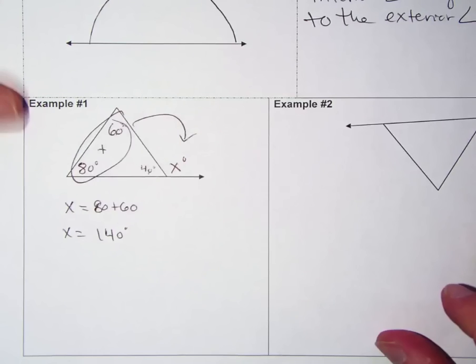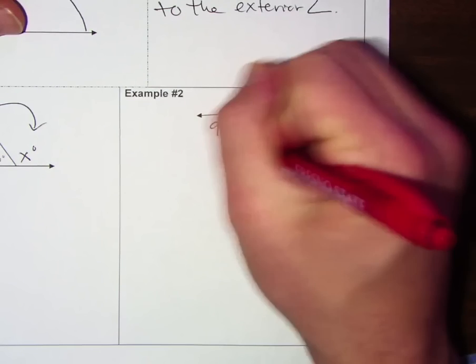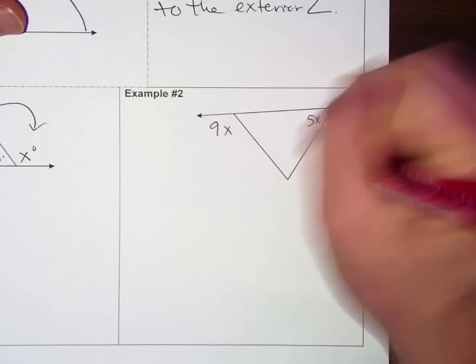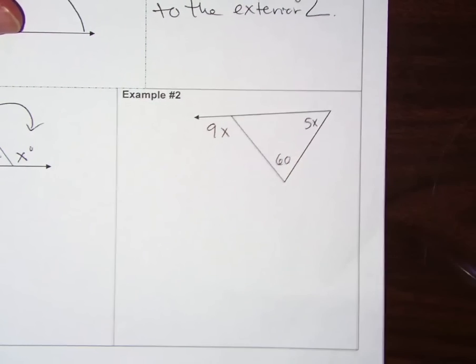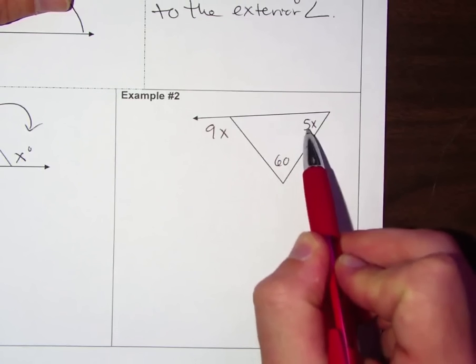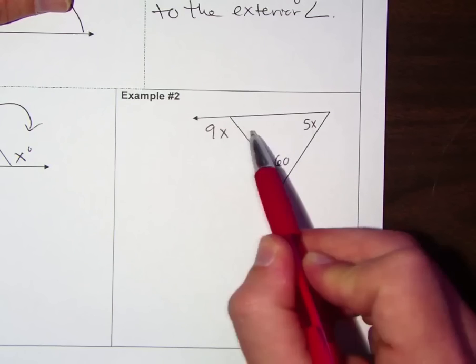But the problem is when we come over here and we see algebra. I can't find this right now because this isn't numerical, it's algebraic. I don't know what this is, so then I can't do that linear pair idea.